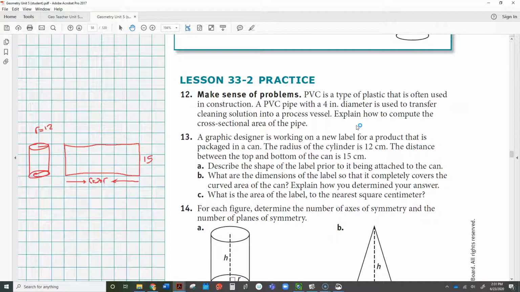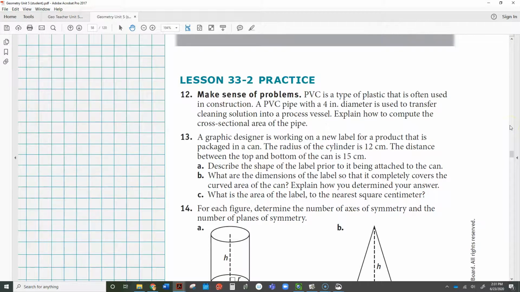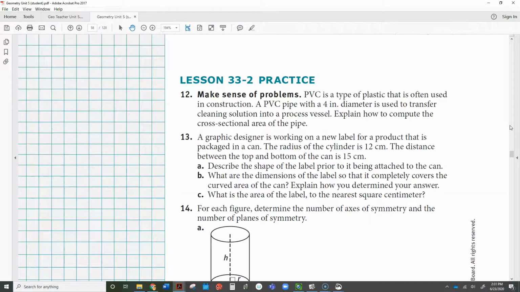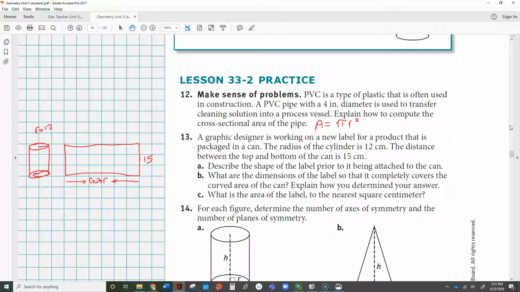The area of a circle is pi r squared. And it says that the pipe has a radius of 4. So it'll be area equals 16 pi.